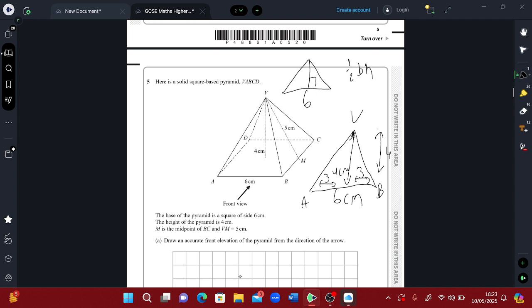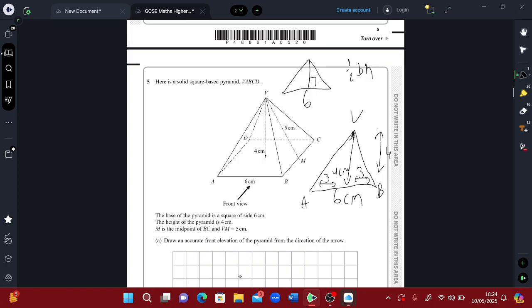Now this is an important distinction to make. The height here is not 4 because see here, this is not connected to the triangle. It's not reaching the triangle. It's hitting the base of the square. However, this line is slanted, but it's hitting from the top of the triangle to the midpoint.